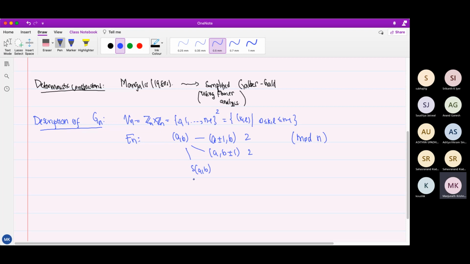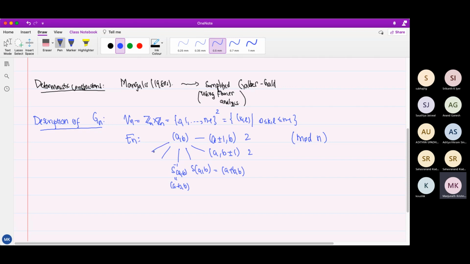Then here I write S of (a,b). What is S of (a,b)? S of (a,b) is (a plus b, b). But you also connect to, because the edges are undirected, S inverse of (a,b), which is (a minus b, b). The way you go from here to here, you subtract the second and so on.